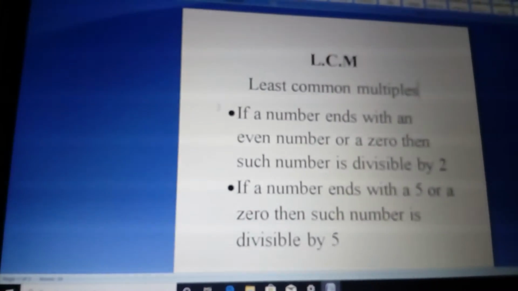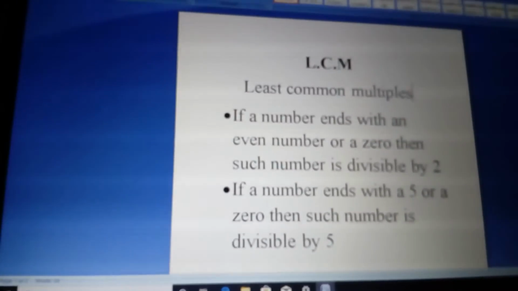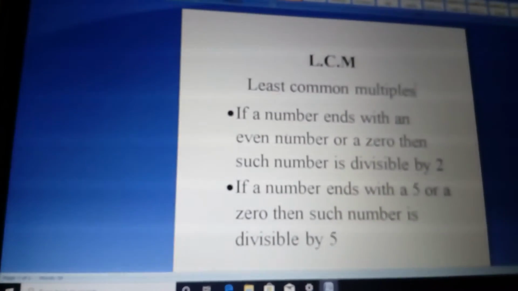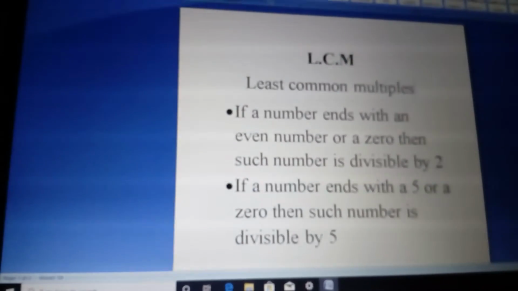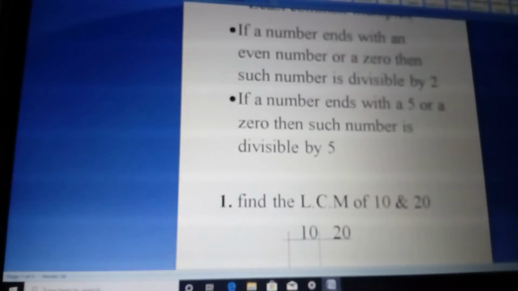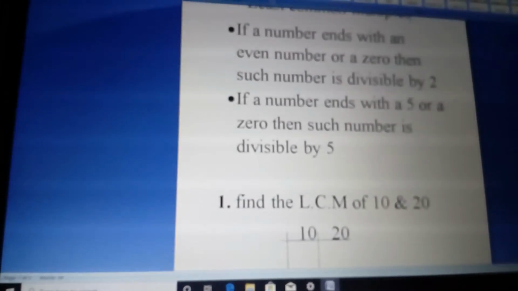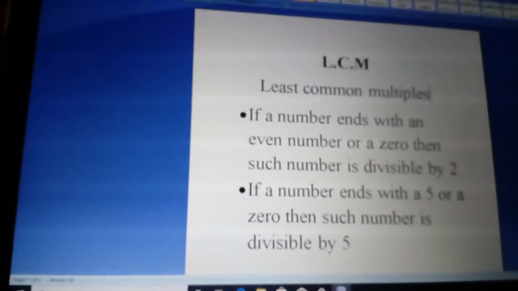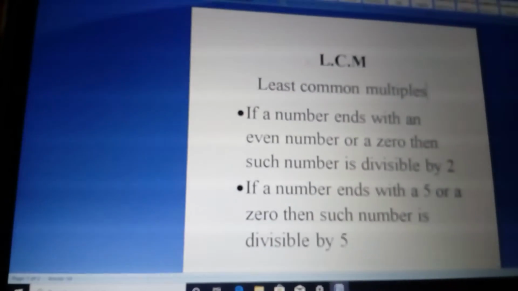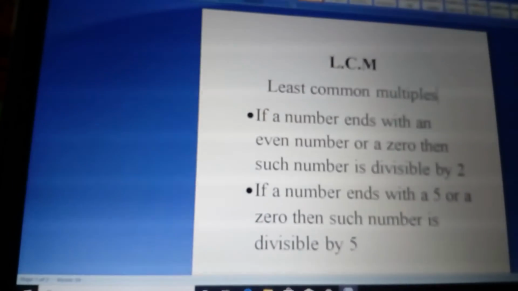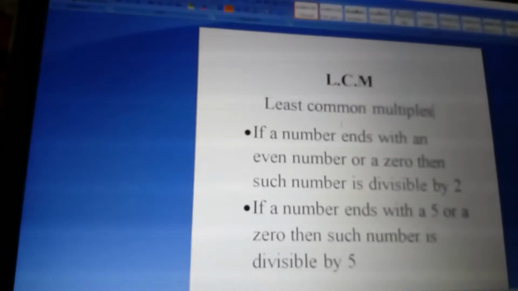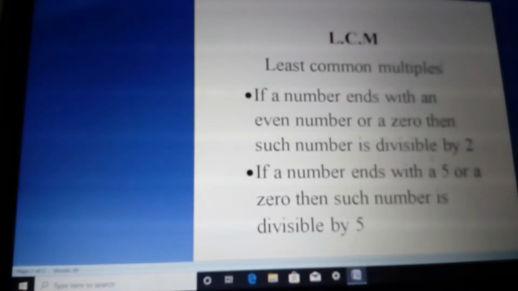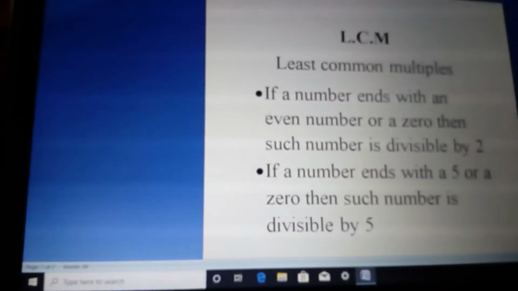If I were to list all the divisibility, from 2 to number 9, it would take a long time and I'd be deviating from the topic of the day, which is L.C.M, so I don't want that. Maybe some other time I can make a video on divisibility of numbers, but usually I state some points for my students to make it easy for them.